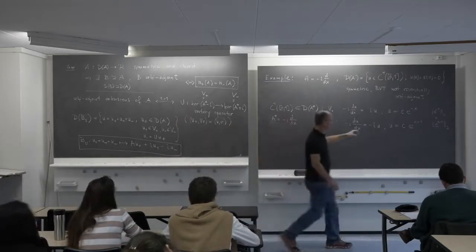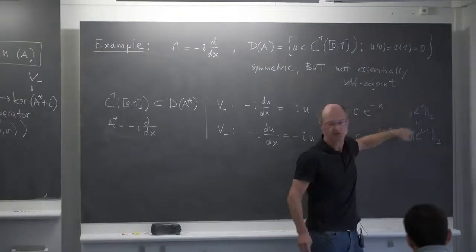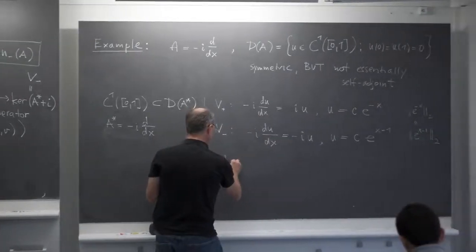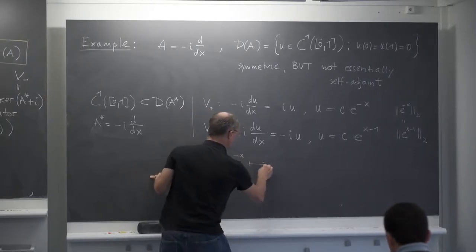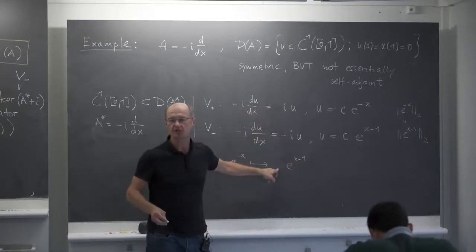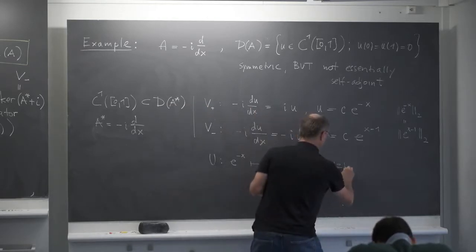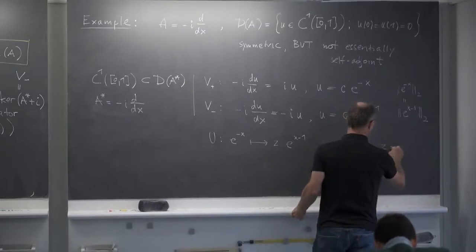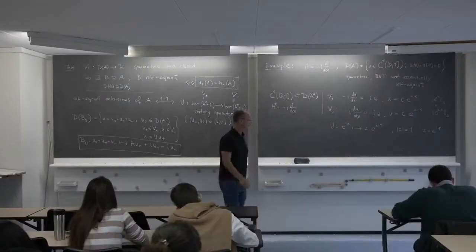They are equipped with bases. They are not normalized, but at least they have equal norm. So an operator u should be sending e to the power minus x to e to the power x minus 1 times possibly some number z of absolute value equal to 1. So z is equal to some exponential of an angle, right?